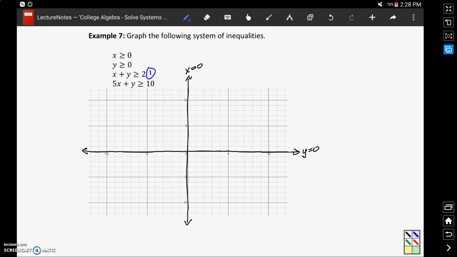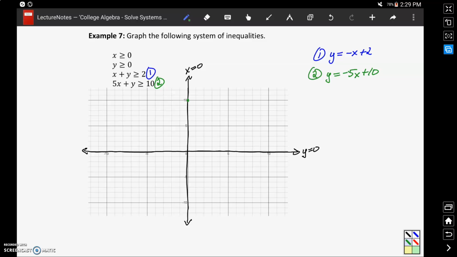We can apply the processes that we applied in our previous examples to the last two inequality statements, rewriting inequality 1 as y equals negative x plus 2, and rewriting inequality 2 as y equals negative 5x plus 10.